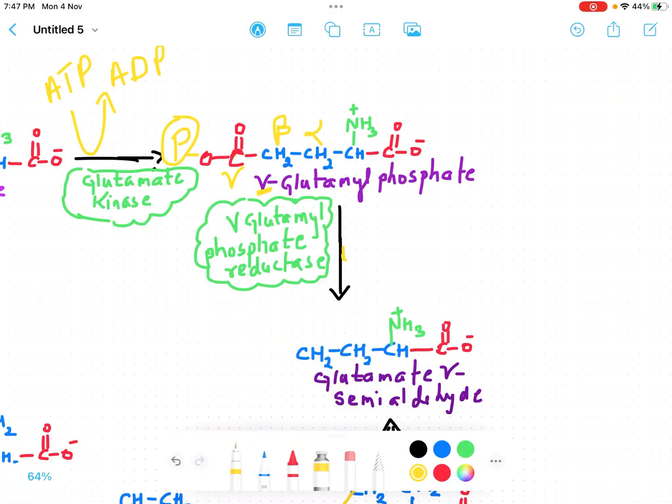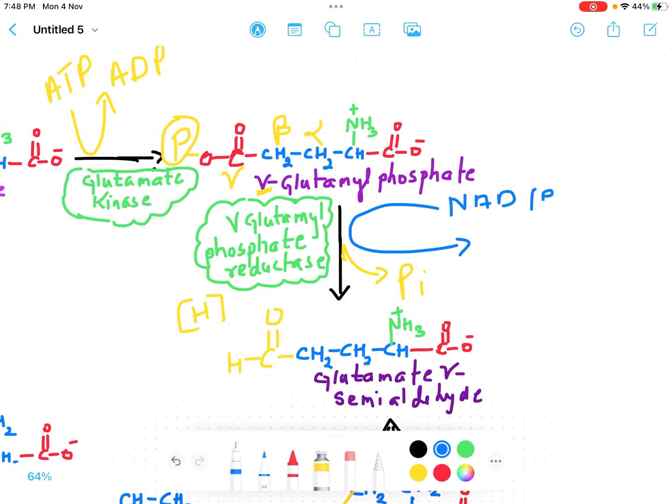In the next step, gamma-glutamyl phosphate releases the phosphate group, and you can see that the carboxyl group is changing into an aldehyde group. This process is a reduction process. Because it's a reduction, we need a reducing agent, and here the reducing agent is NADH or NADPH, along with one more proton, which is changing into NAD+ or NADP+.